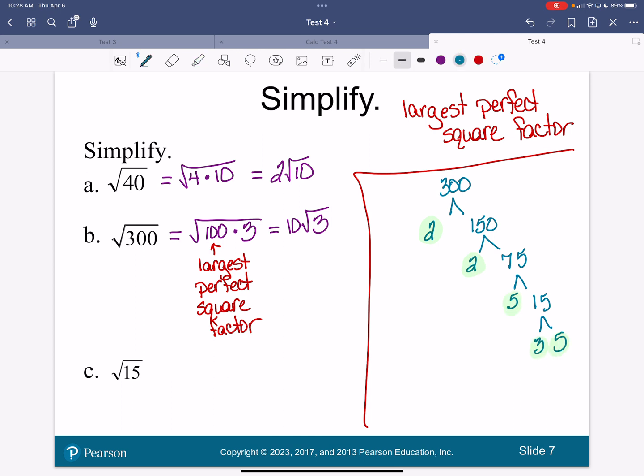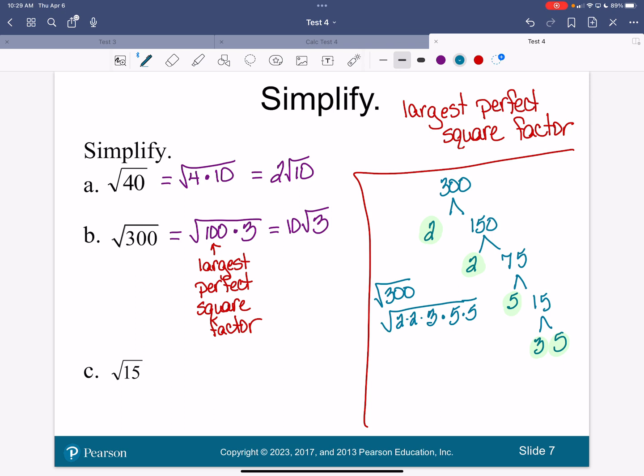So I'm going to rewrite this. I've got the square root of 300, and I'm rewriting this as the prime factorization. I have a set of 2's, then a 3, and then a set of 5's. It doesn't matter what order you write those in. I just usually write them in numerical order.